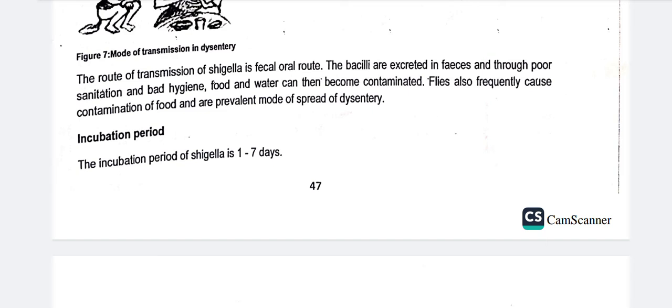The time between the presence of this bacteria or virus in your body up until we're able to see your signs and symptoms. So for dysentery, it is 1 to 7 days. So even within a day, we can see signs.